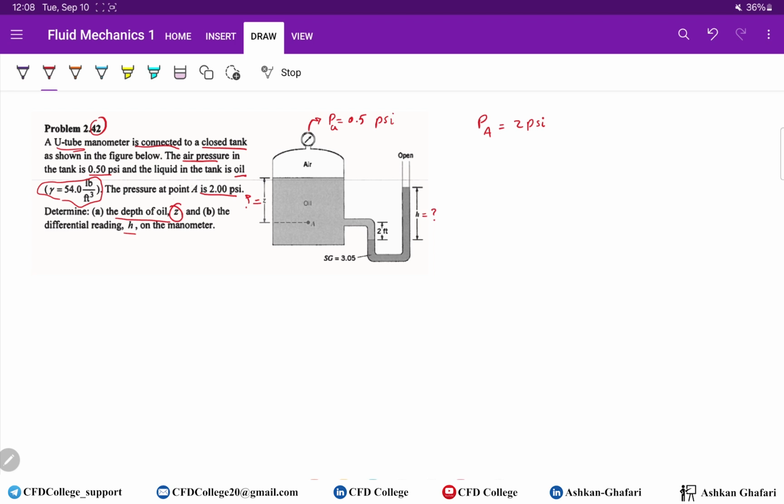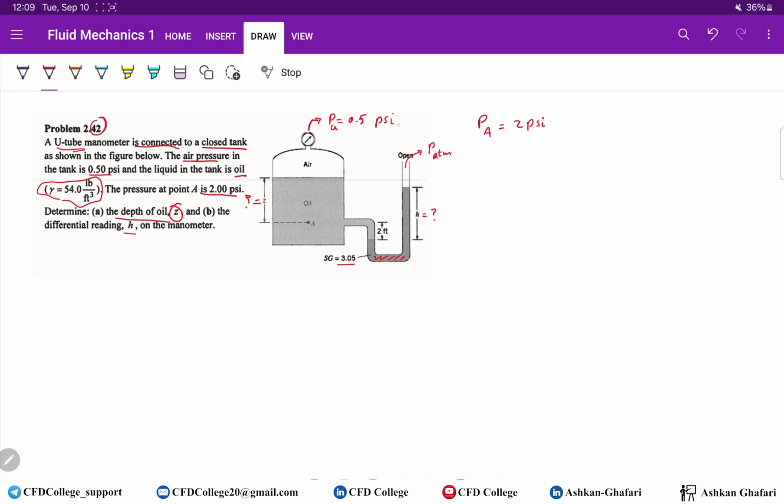As you can see here, we have a closed tank, we have a manometer, and here we have another liquid with a specific gravity of 3.05. Here we have an opening, so here the pressure is atmospheric pressure.